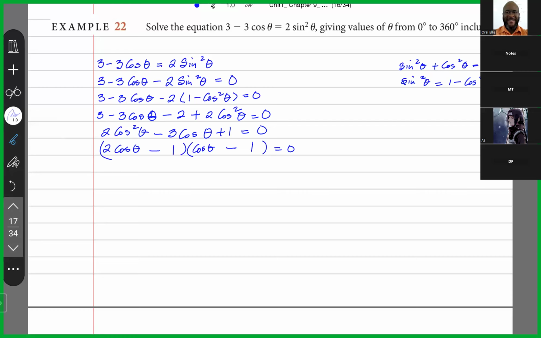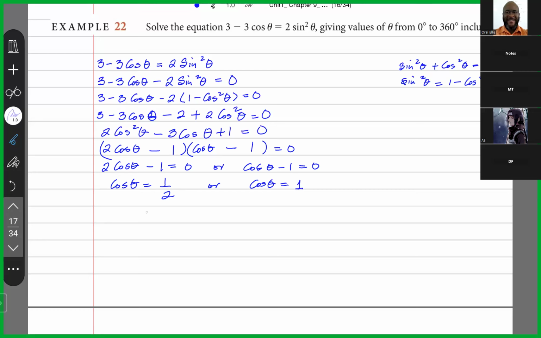So if you're multiplying two things and you're getting 0, it is either the first, 2 cos theta minus 1 is equal to 0, or the second, cos theta minus 1 is equal to 0. So cos theta is equal to a half, or cos theta is equal to 1.